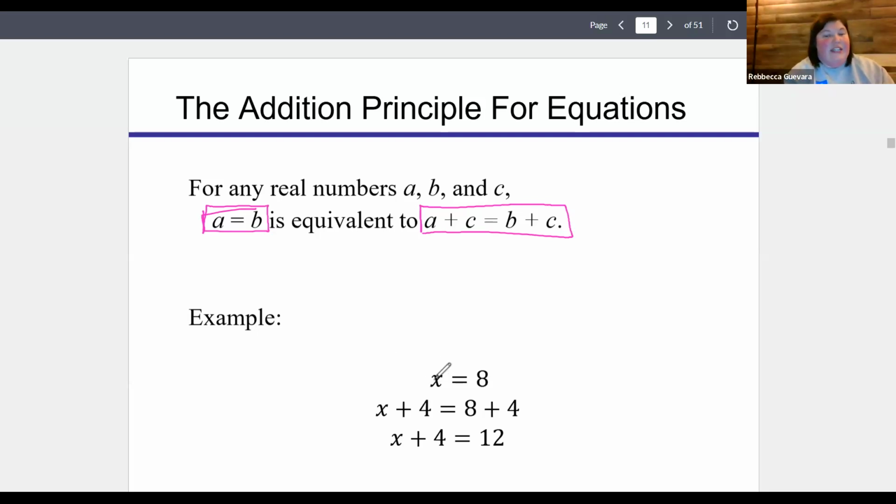So one way to look at that is that if I had said that x equaled 8, if I add 4 to both sides, that has to be the same number. X plus 4 would equal 8 plus 4, or x plus 4 equals 12. So all of these are equivalent equations.